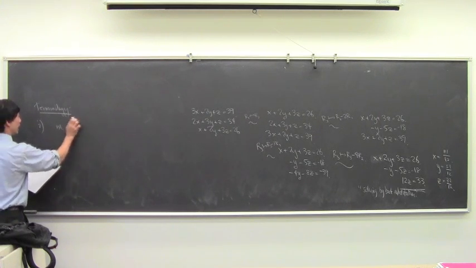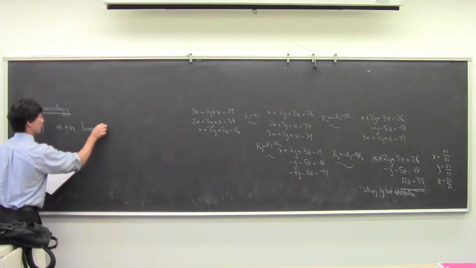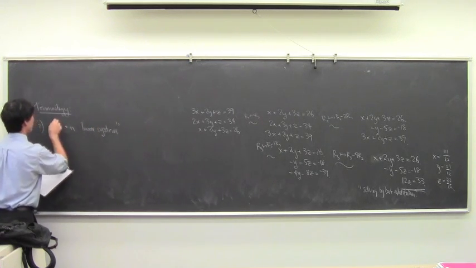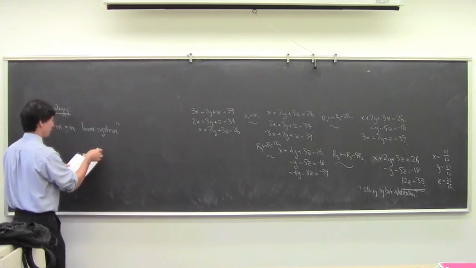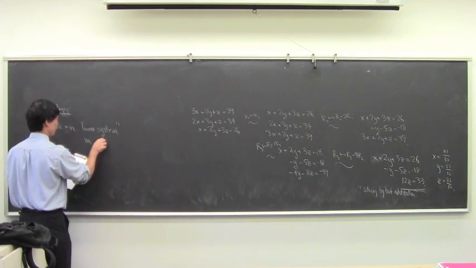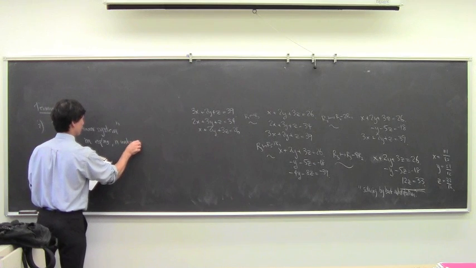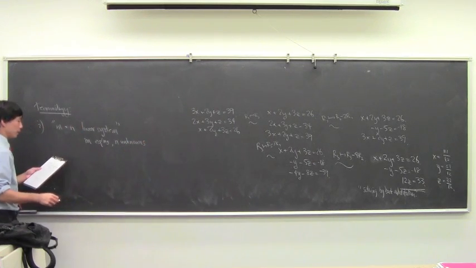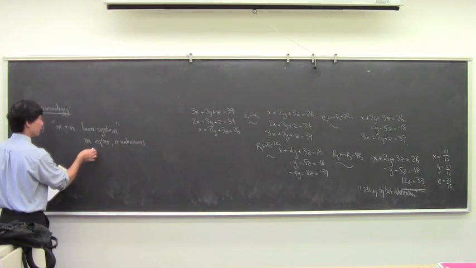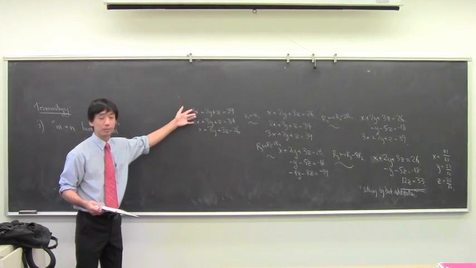When we say an m by n linear system, what we mean by that is a system of m equations and n unknowns. So this is a 3 by 3 linear system, right?